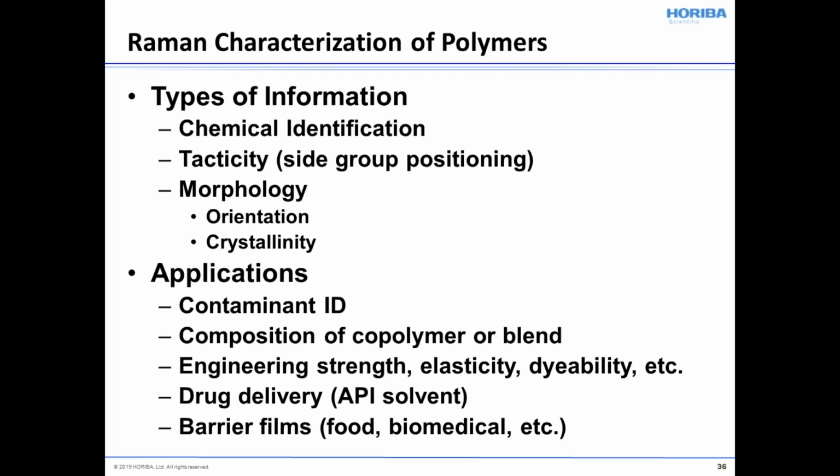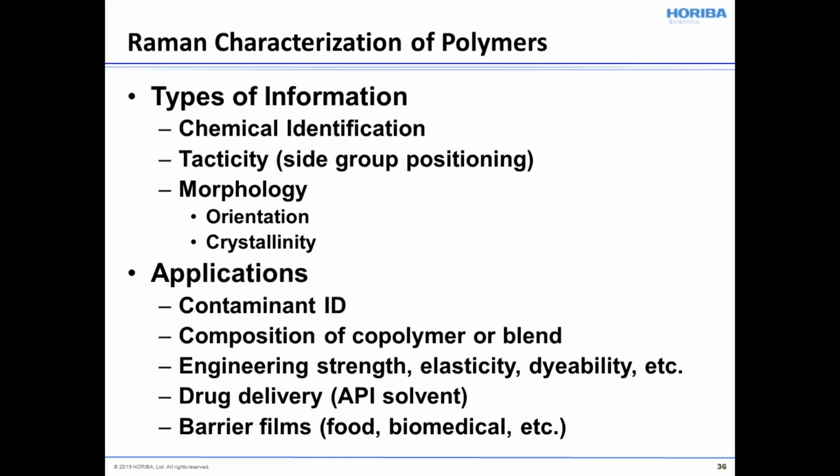Chemical identification. I mean, basically differentiate different kinds of polymers. The tacticity of them through side group positioning in the polymer, morphology, such as orientation or even crystallinity. And how might they be used?